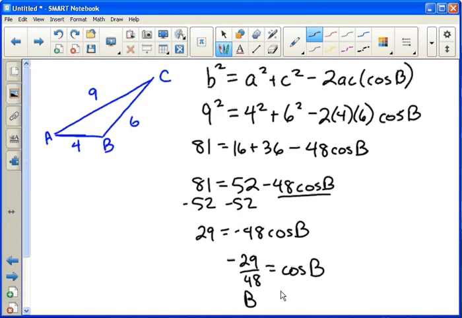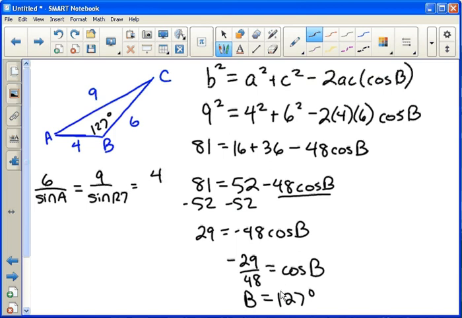Now we can use law of sines. So now that we've solved for an angle, we can use law of sines. So we would plug it in, and we would get side A, which is 6, over sine of angle A. And then side B is 9, over sine of angle B, which is 127, equals side C, which is 4, over sine of angle C, which we don't know.